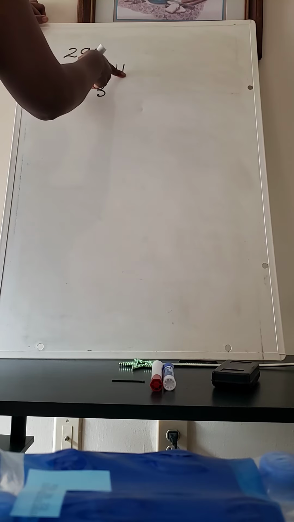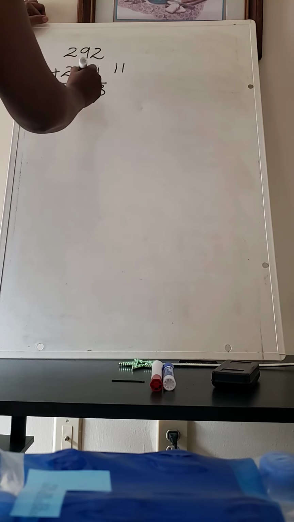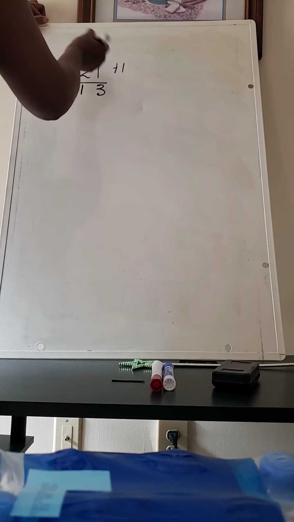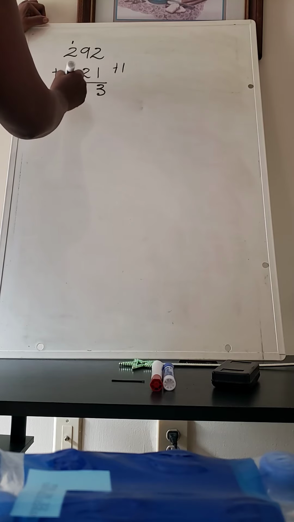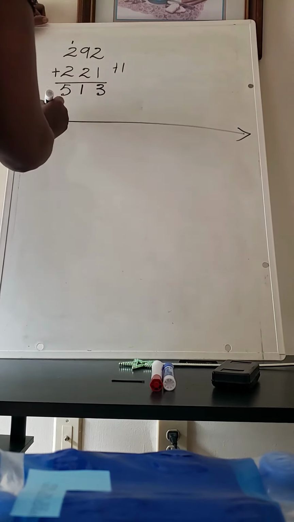This 11 here is 11 tens. So you have 100 and 10. So you leave your 10 and you bring your 100 across. 2, 4, 5. 513.